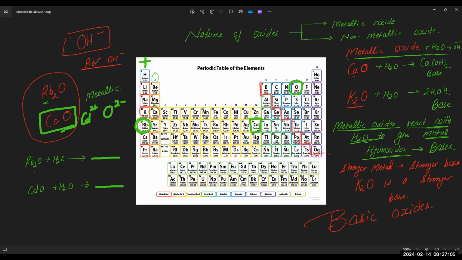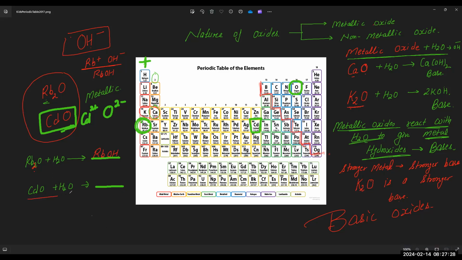Don't worry about this too. That is with oxygen, that's why. What's the formula? 1:1. RbOH. Then you have to balance it. Yes, Ariba, very good. RbOH. Azuni, practice nomenclature. I think we did it in unit 1.